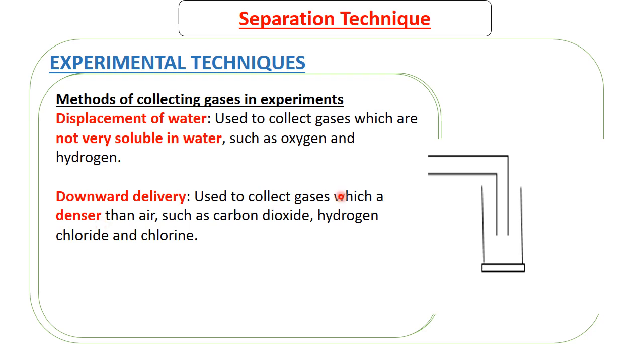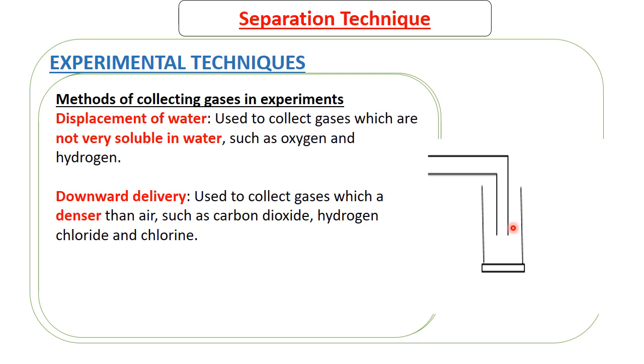This is the way the apparatus is arranged. You have whatever is producing the gas here. Your gas will come here, then it will come here. Then when it is here, if it is less dense than air, which means if it is not as heavy as air, it could rise up. But if it is denser, which means it sinks in air, it cannot rise up here.